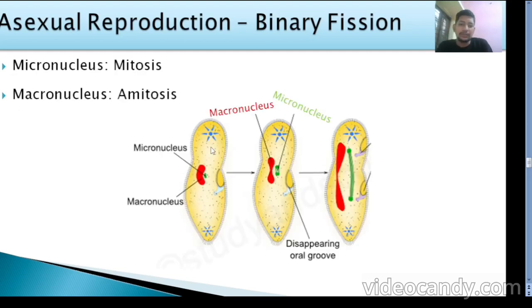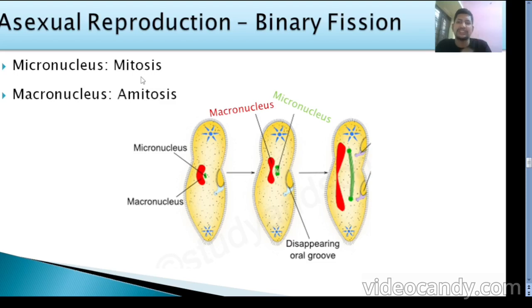Now you can see a diagram of the asexual reproduction, and here you can mainly observe two important nuclei. The smaller one, shown in green, is the micronucleus, and the large one, in reddish color, is the macronucleus. The micronucleus undergoes mitosis.